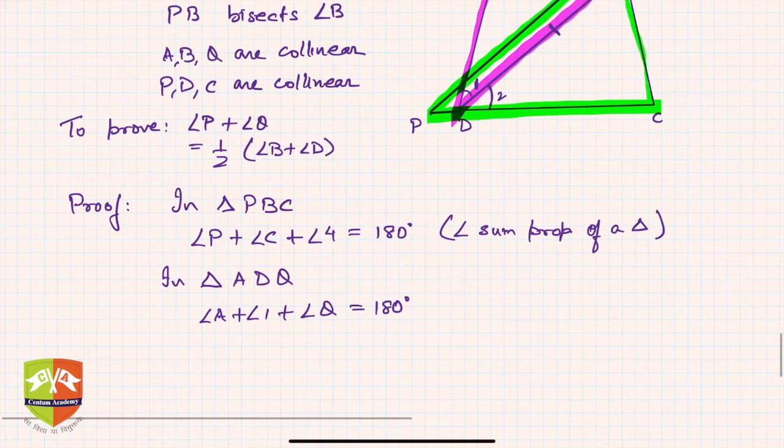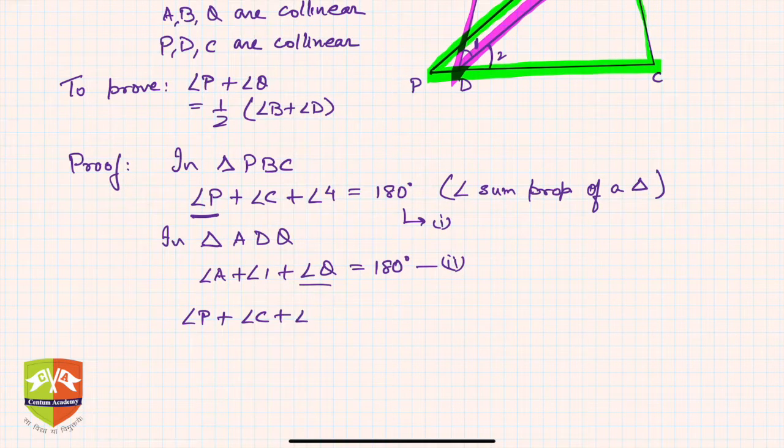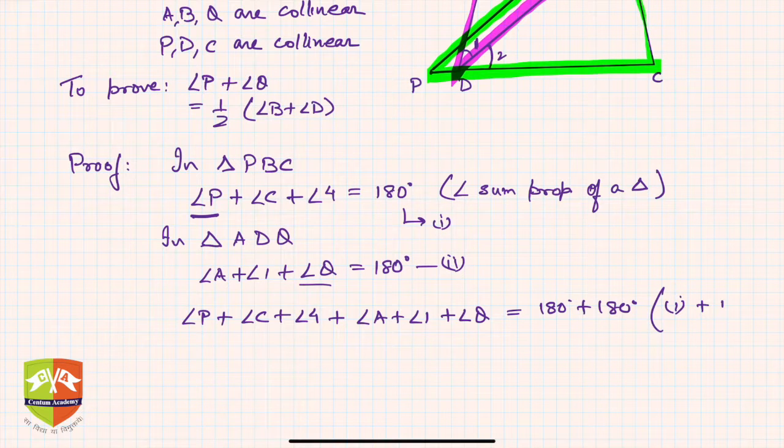Now it is simply left to manipulate and get the result. So I am adding these two equations because I need P and Q together at one place. I can write angle P plus angle C plus angle 4 plus angle A plus angle 1 plus angle Q is 180 degrees plus 180 degrees.